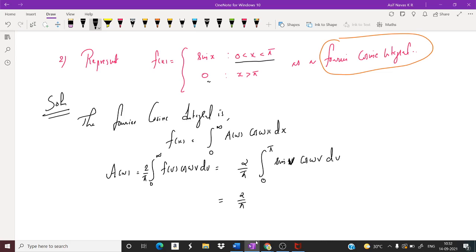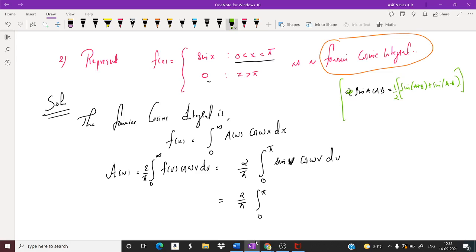2 by pi. Okay, tell me what is sin a cos b? 2 sin a cos b is sin of a plus b plus sin of a minus b. So we know that, and sin a cos b is 1 by 2 times that.